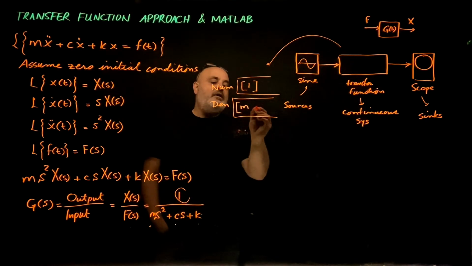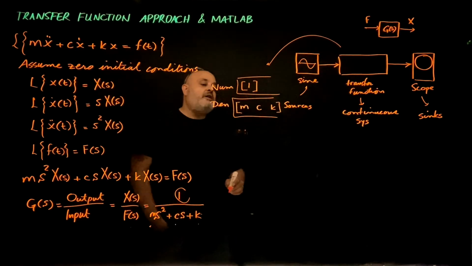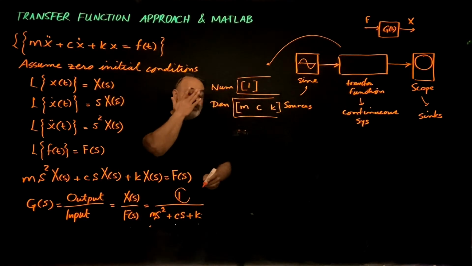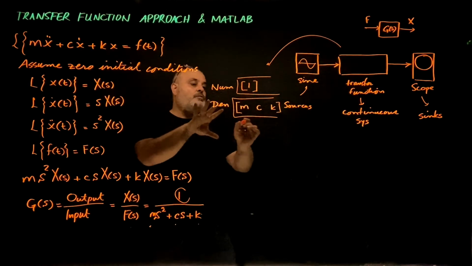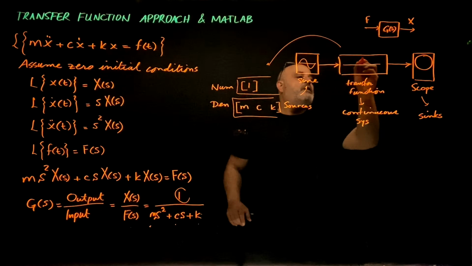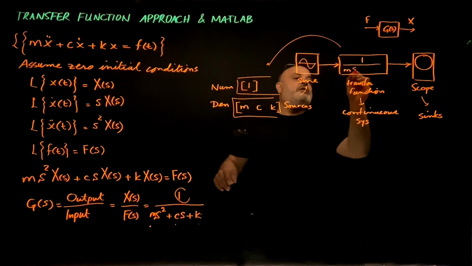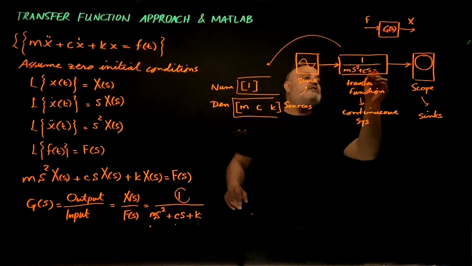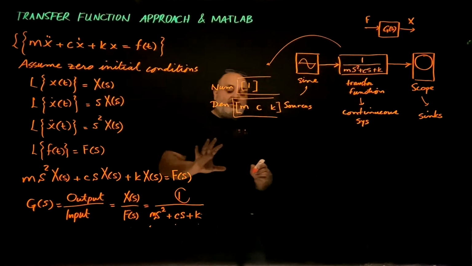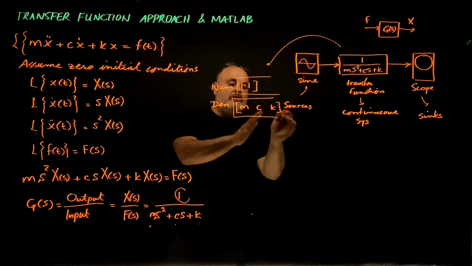When you input this, it will appear here as 1 over m, whatever the number is, s squared plus c s plus k.